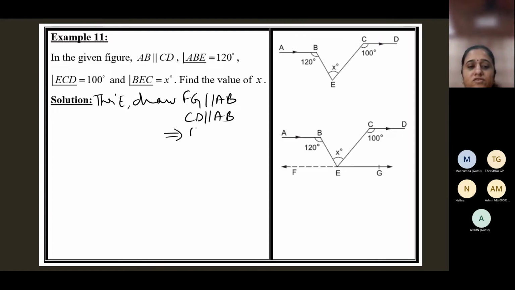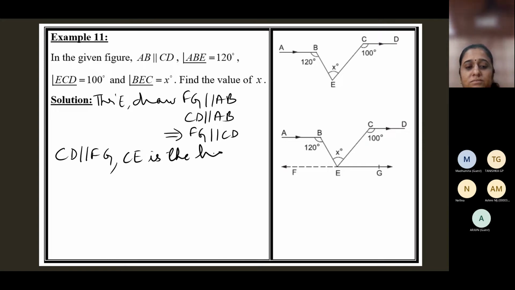So from this we have FG parallel to CD. Then you can say CD is parallel to FG and CE is the transversal. You can mark this as A. 100 plus A is equal to 180, A is equal to 80 degrees.